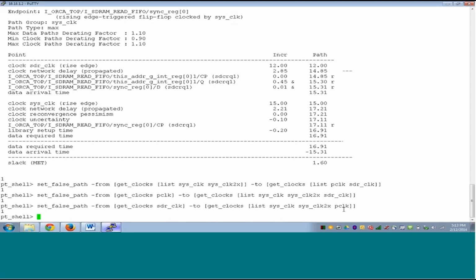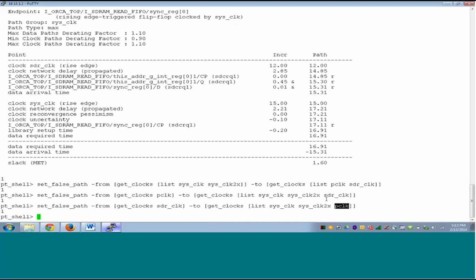These three statements make sure that sys clock and sys clock 2x are synchronous. Between this group and P clock, they are asynchronous. Between this group and SDR clock, they are asynchronous. SDR is asynchronous to P. So these three commands will make sure that you have proper clock relationships defined.